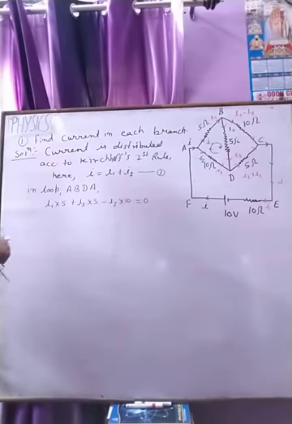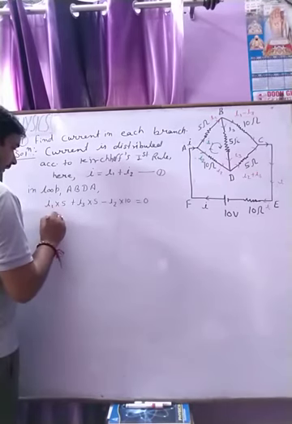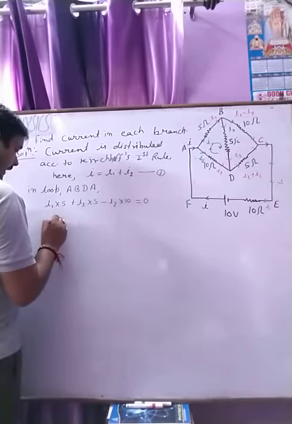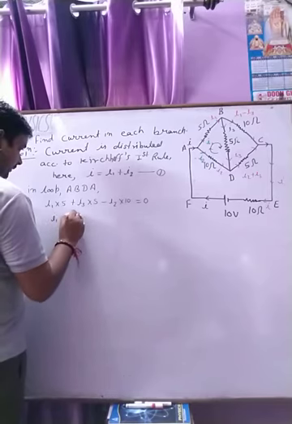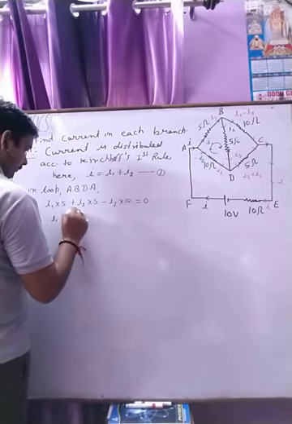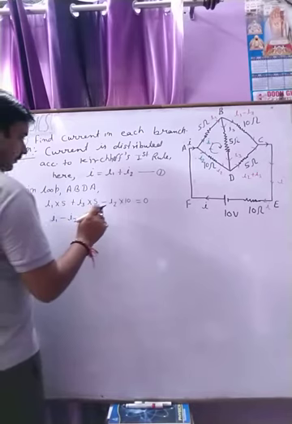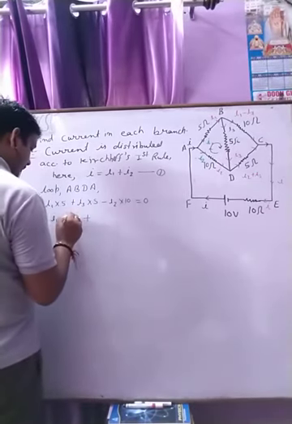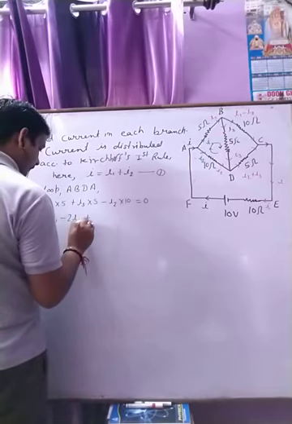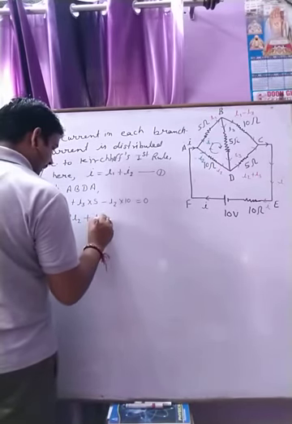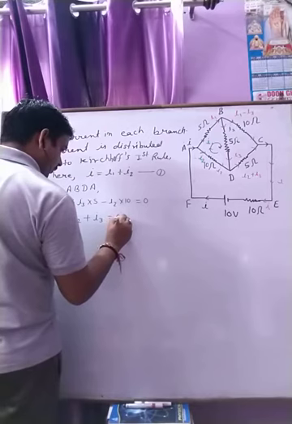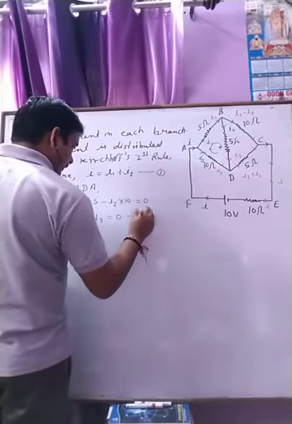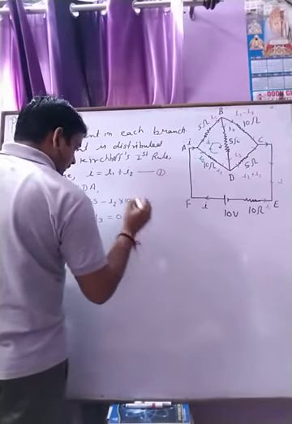Now on taking 5 as common, we get I1 minus 2I2 plus I3 equal to 0. This is equation second.